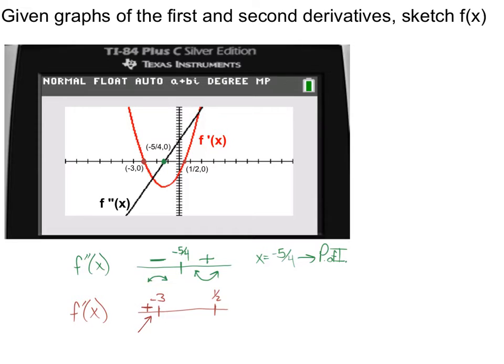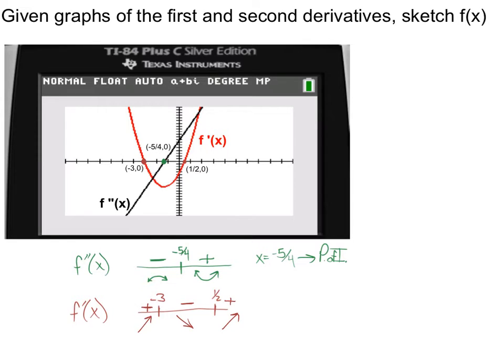Between negative 3 and 1/2, our derivative is negative, so our function is decreasing. And then again, increasing after. Good. Now it's positive again, so we're increasing again.